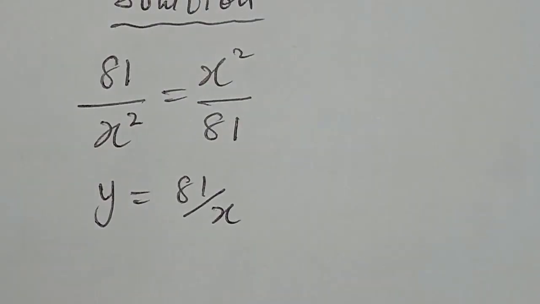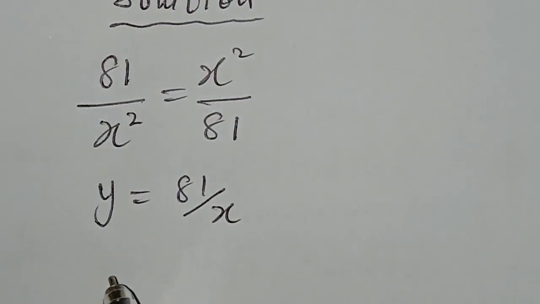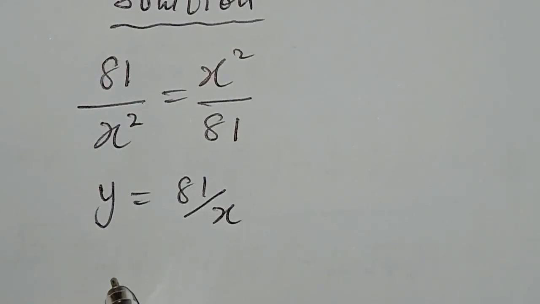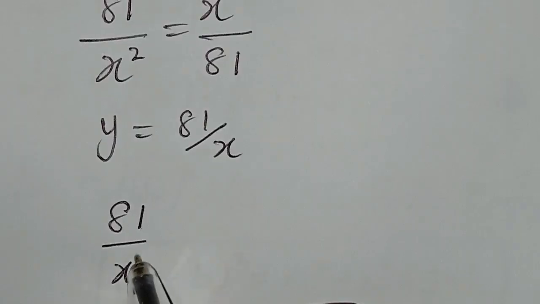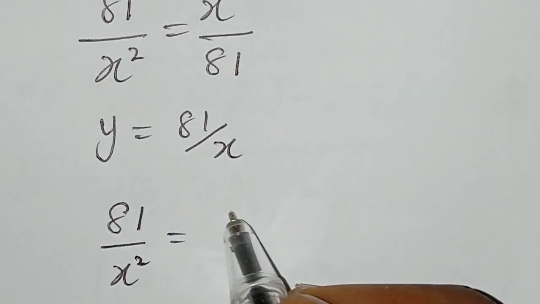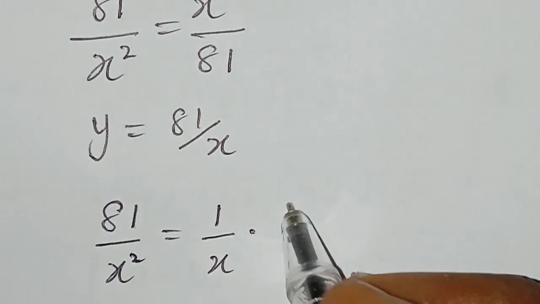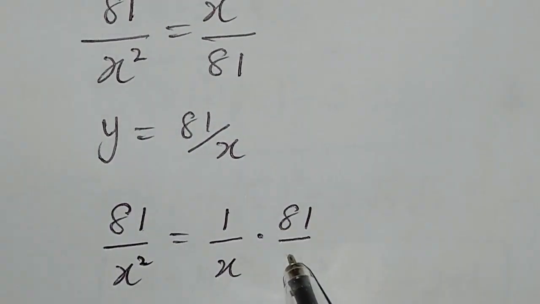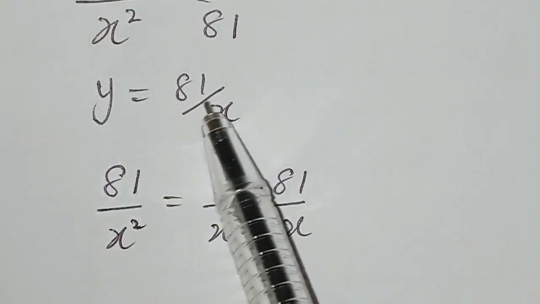From the left hand side of the problem, we have that 81 over x squared can be written as 1 over x multiplied by 81 over x. So we have our y equal to this.